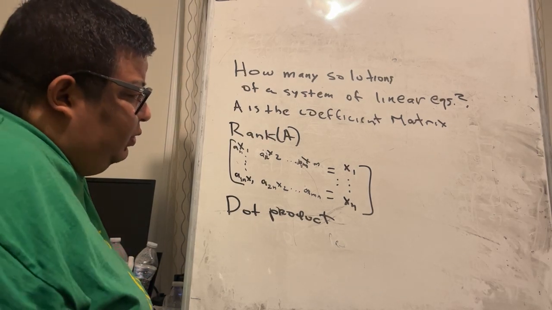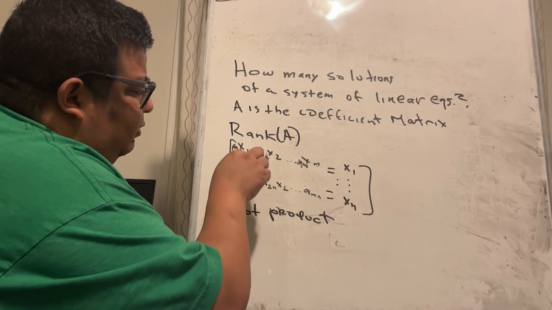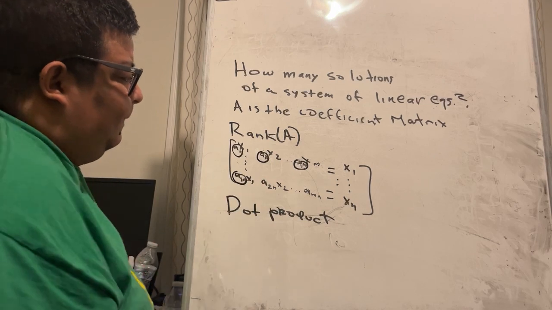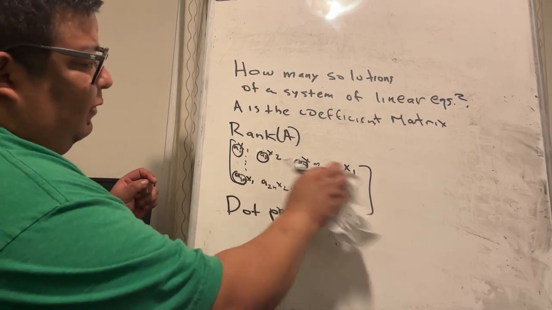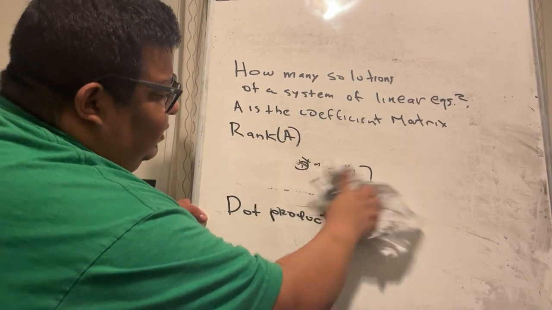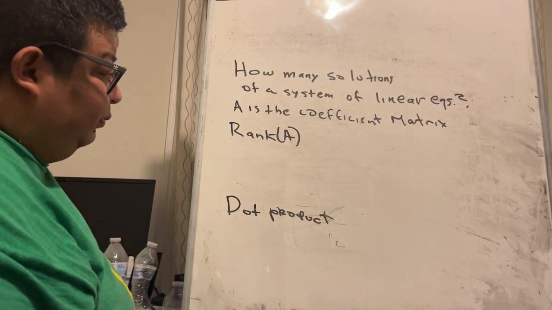So what we're gonna do is concentrate only on the coefficients. What that means is that instead of looking at the whole thing, we're only gonna look at the coefficients of the system of linear equations.